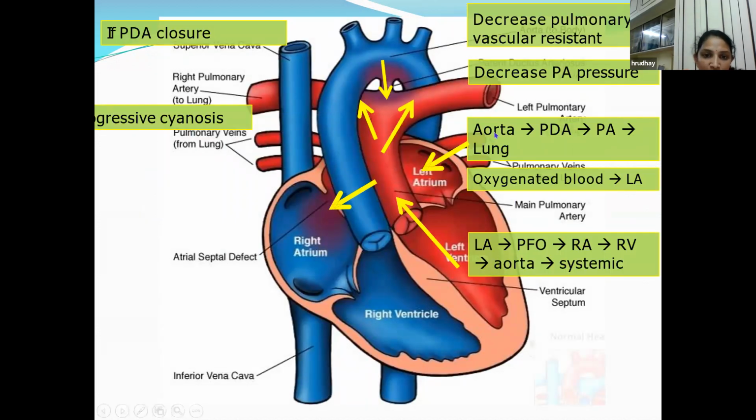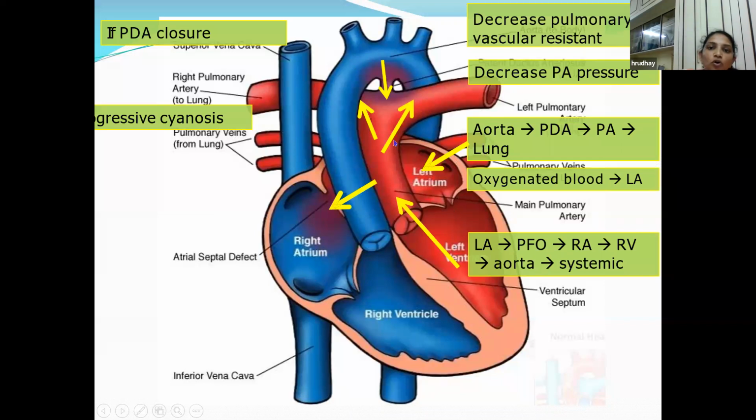So from the right ventricle, the aorta is arising here. This is the aorta. The aorta takes deoxygenated blood and supplies it to the body, whereas the inferior vena cava and superior vena cava carry deoxygenated blood to the right atrium. So this circulation goes one way, and the other way, the left atrium receives the pulmonary veins from the lungs, with oxygenated blood, and the oxygenated blood goes to the left ventricle.